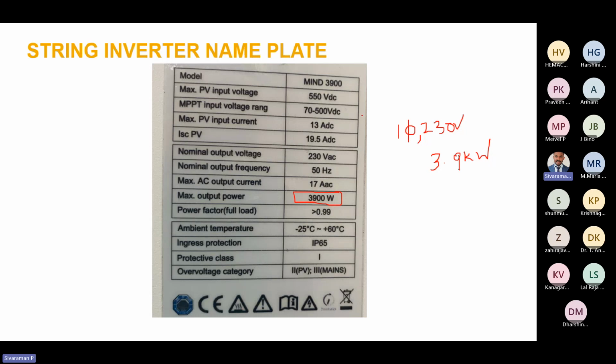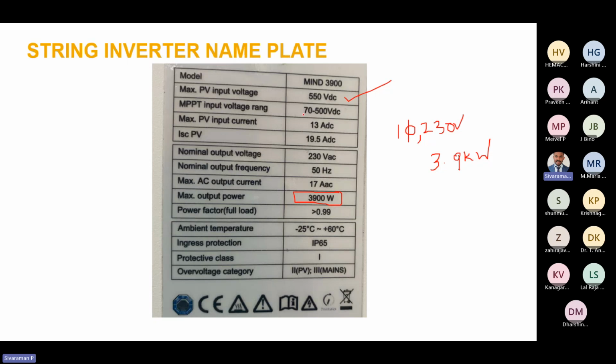Its maximum voltage is 550 and its MPPT voltage is 70 to 500 volt. So this is the MPPT voltage. On the DC side, the maximum voltage is 550.